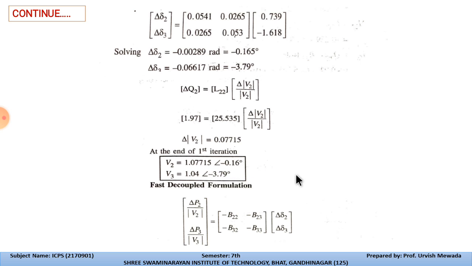So for the fast decoupled formulation, we use this data: delta P2 divided by mod V2 and delta P3 divided by mod V3. So we have all the values of B22, B23, B32 and B33, and the delta 2 and delta 3.